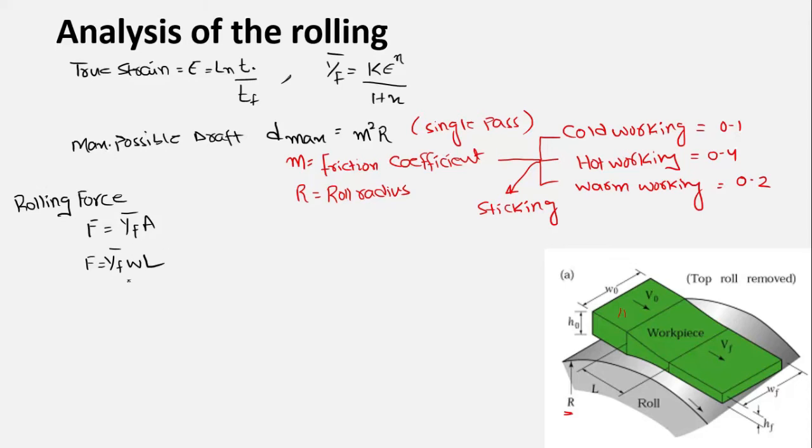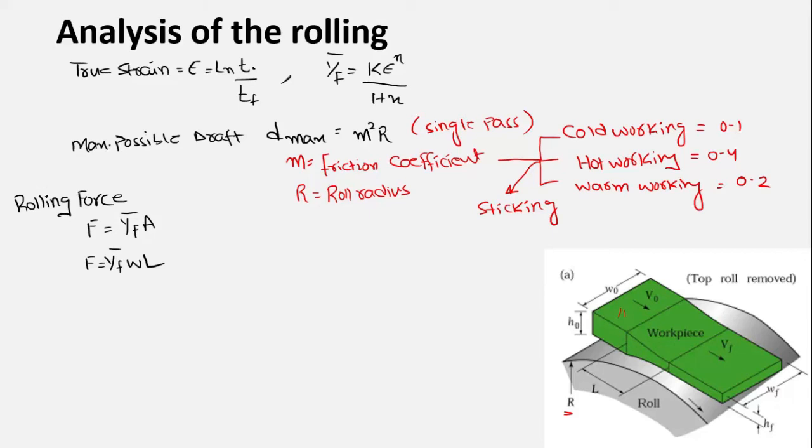So this is the force that is required to perform the rolling operation. The approximated roll force can also be calculated using the width of the work and the contact length between the rolls and the work.